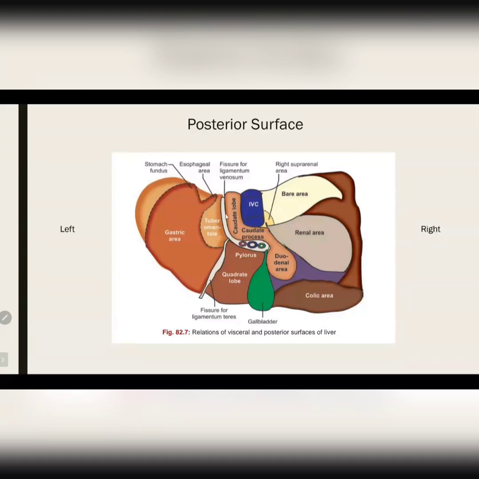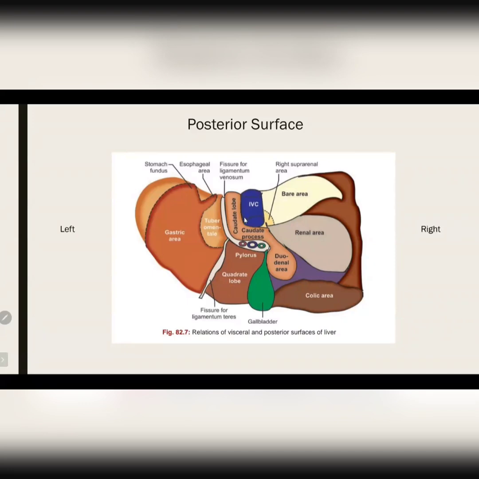Okay, in posterior view, this outermost portion is called the posterior surface. First, I will name what you are going to see from the right side to the left side in order. The unique features of the posterior surface are the bare area of the liver.